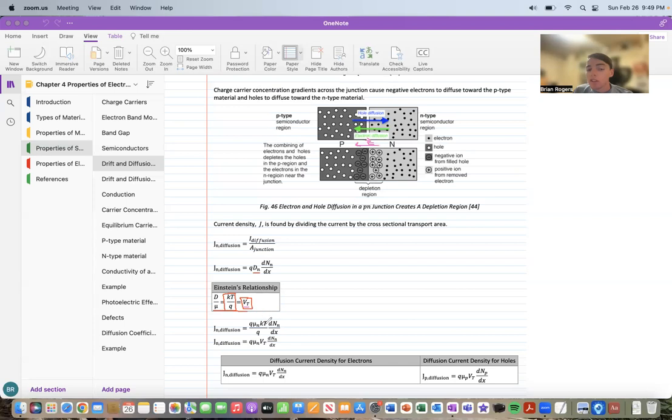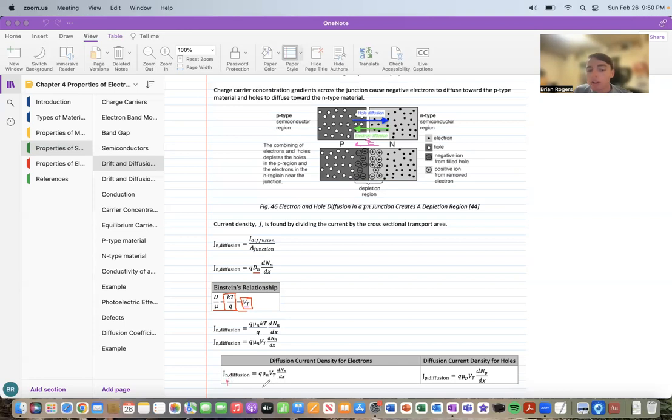So we're going to substitute that into our equation here, because the amount of diffusion, you can have more diffusion if you reach higher temperatures, which we see right here, and you'll have less diffusion at lower temperatures. And so the diffusion current for electrons is indicated with an n.